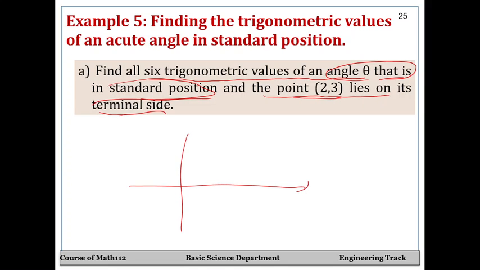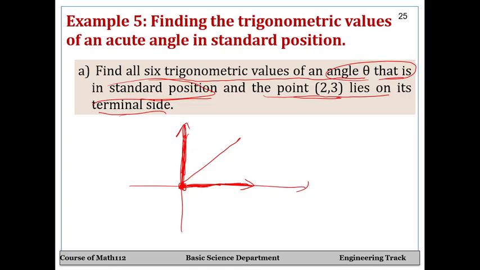So when we have an angle in standard position, it means its vertex is located at the origin, and we are talking about the Cartesian coordinate system.